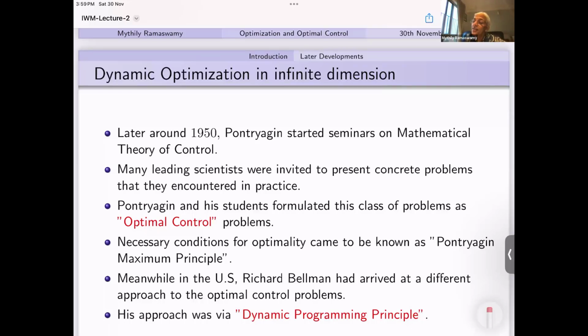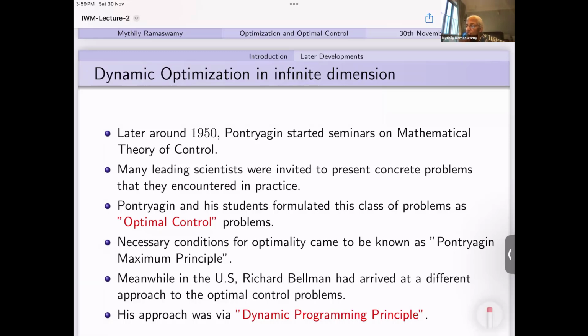And many leading scientists were invited to present concrete problems that they encountered in practice. So the Pontryagin school formulated this class of problems as optimal control problems. And they are very close to calculus of variation problems. Here the necessary conditions for optimality came to be known as the Pontryagin maximum principle.